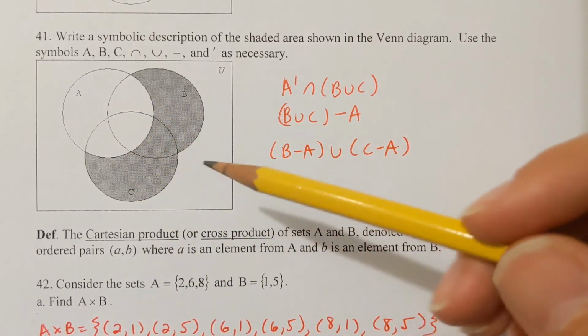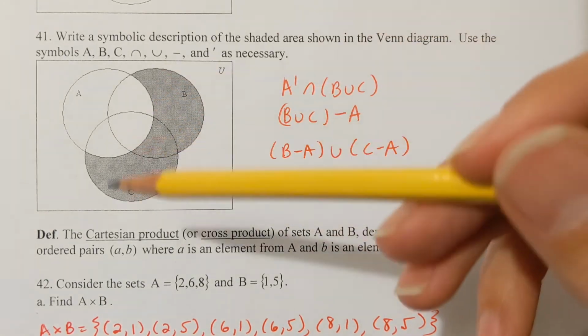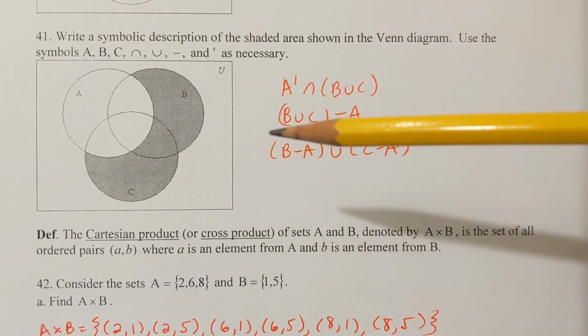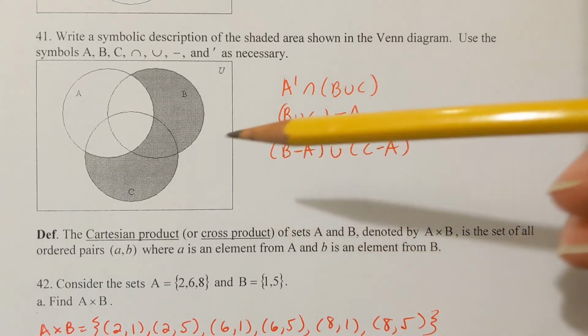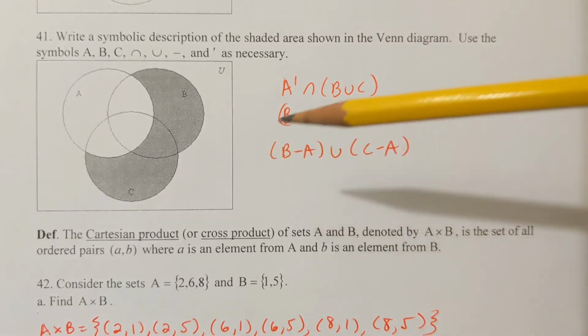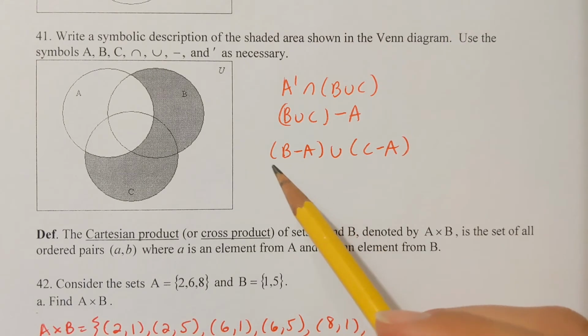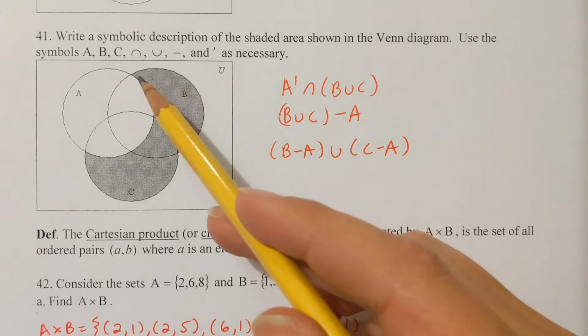Okay, so A complement means, where would you have shaded twice? Okay, well if I get everything in B or C shaded and everything outside of circle A shaded, where would I have shaded twice would be what I have circled here, or in dark. So another answer that you could give is to say B minus A. Okay, that'd be this region here.